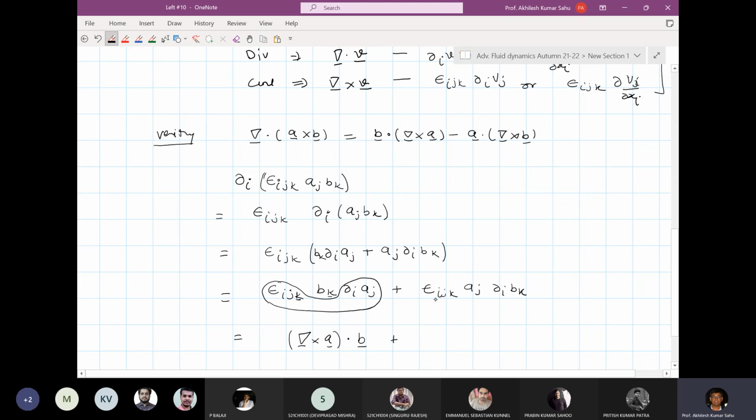Plus this epsilon ijk partial i bk. Here i is appearing before k, so I can write this as jki, which is the same as epsilon ijk. Just a minute.